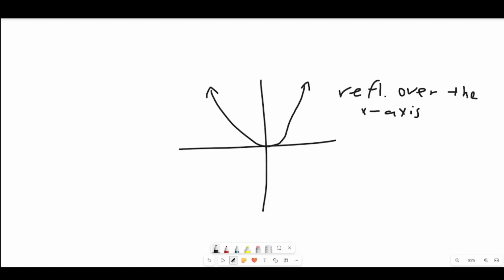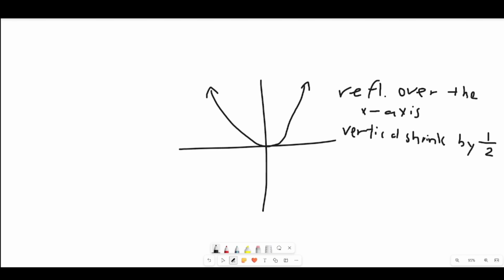first a reflection over the x-axis, then a vertical shrink by 1/2.